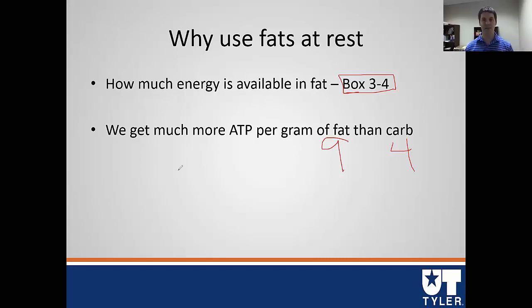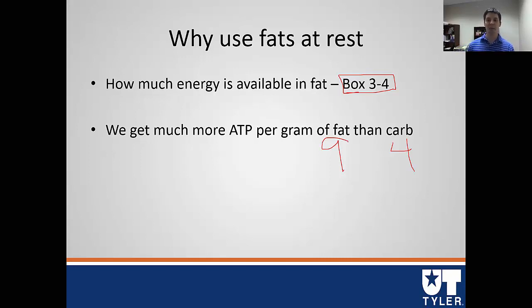We can either do 2 hours worth of work or 777 miles worth of work with our body stores. So that gives you an idea. At rest, we want to conserve our carbohydrates and use fats, and during exercise at this low intensity, the idea is we should conserve our carbohydrates and use our fats more. We'll talk about that later.